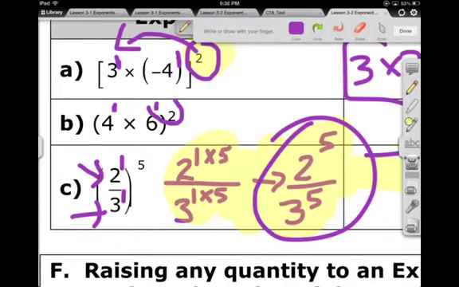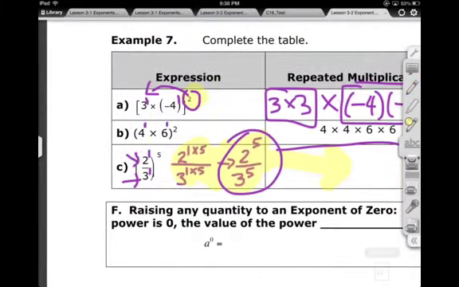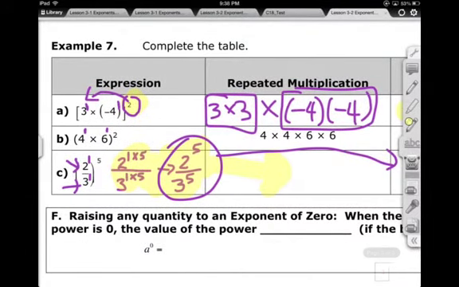Well, you could do these power of a powers right here, meaning that what you have is 2 4's being multiplied and 2 6's being multiplied.